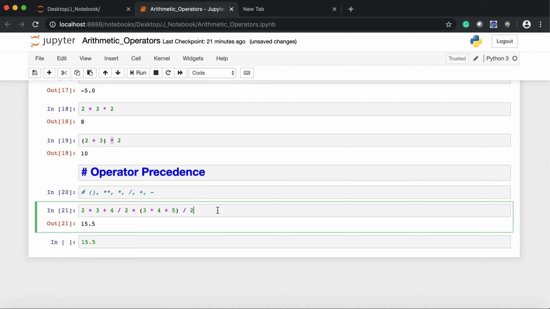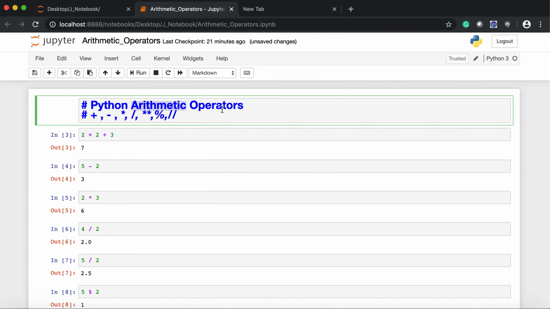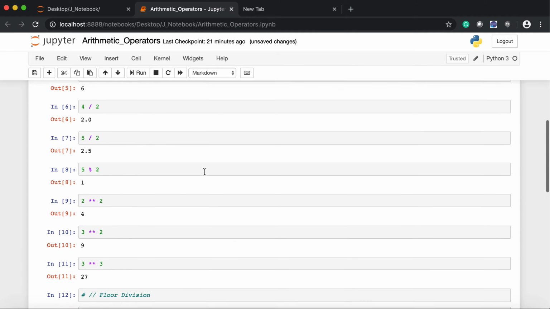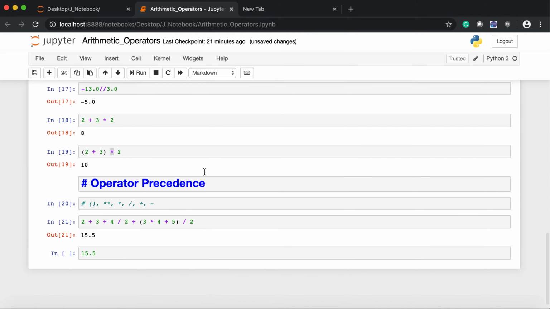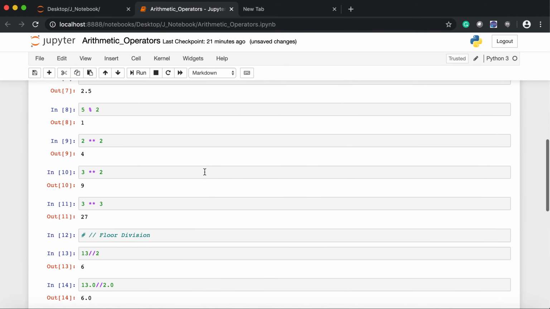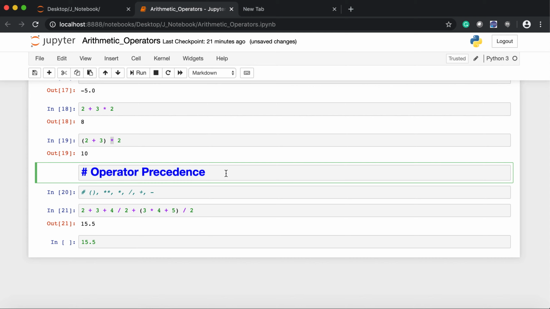I hope guys you now know what Python arithmetic operators are available, what they do, and what the sequence or precedence of those operators is. So guys, this is basic mathematics, everyone knows it, it's not that much stuff, but the motto here was to quickly remind you of these mathematics operations, and the most important was the operator precedence, which is going to help you write any expression and quickly understand what the output would be.